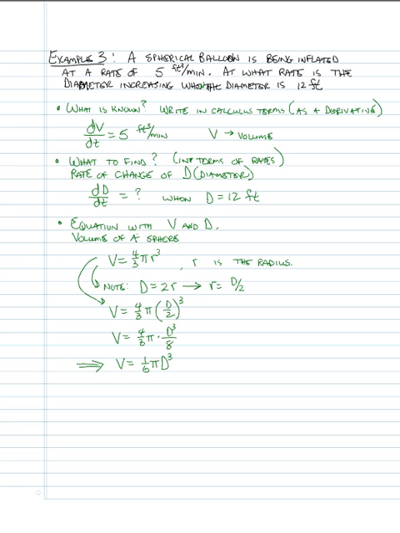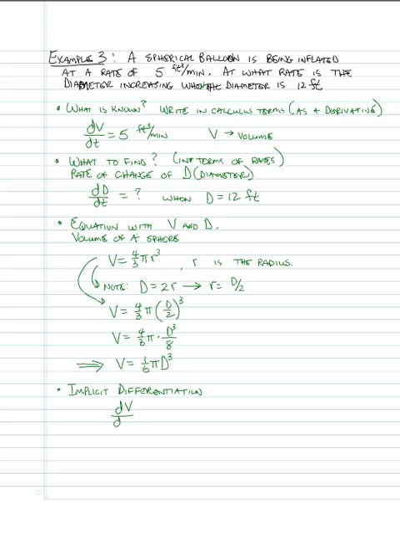And now we need to do implicit differentiation on that equation. We'll take the derivative of both sides with respect to t.